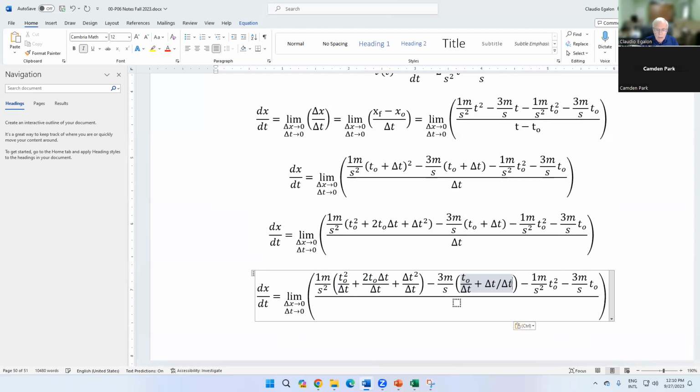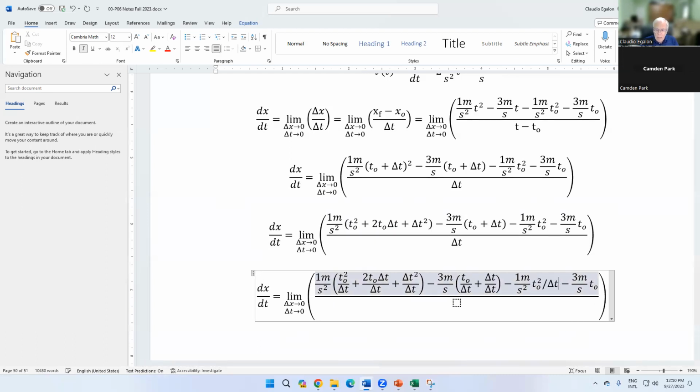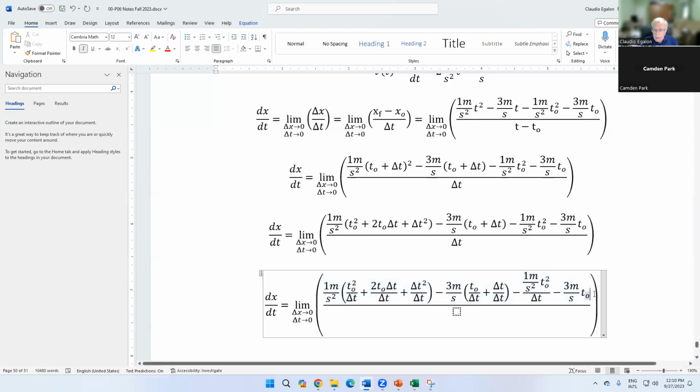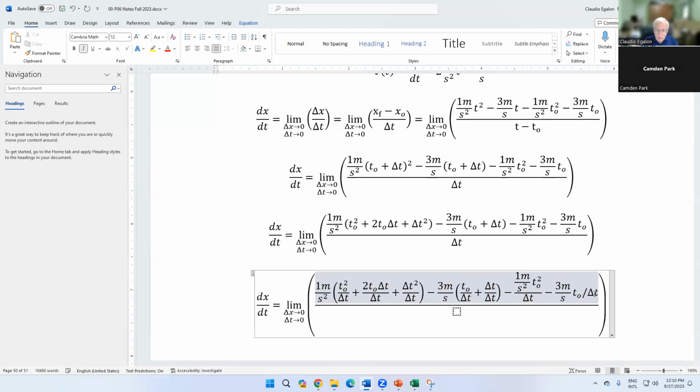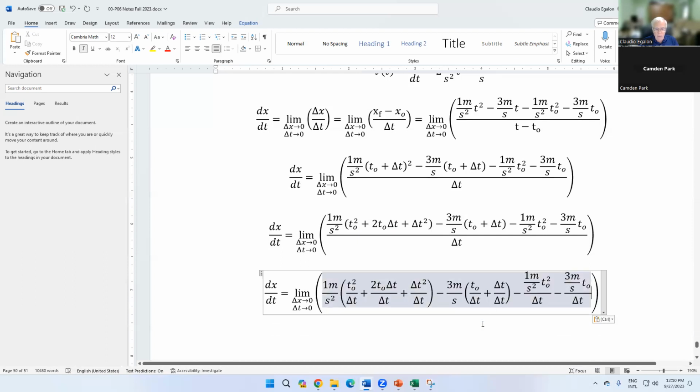Delta t. Delta t. Delta t. Oh, no, not here. It's a long calculation, okay? That's why we learn the shortcuts of calculus. A very lengthy calculation.